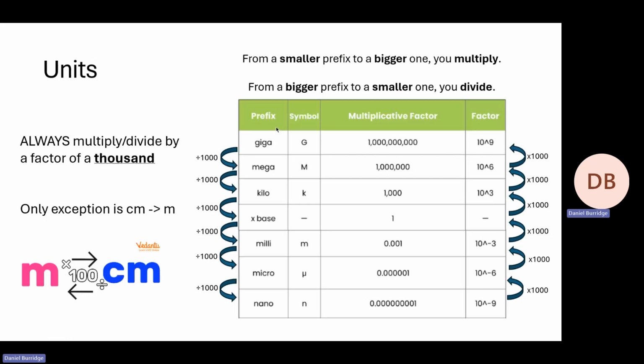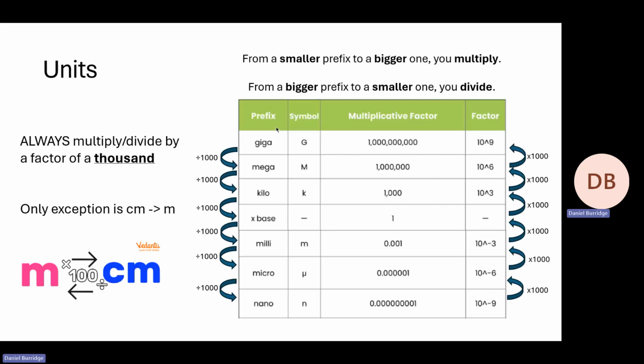What I've got on that table are the most common prefixes that you will see. We've got the base unit in the middle, so that would be something like meters or amps or kilograms, whatever it is. Well, not kilograms, that's the wrong one, but you get the idea. It's going to be the base unit of just that thing that we are measuring. The letters before, though, it could be kilo, could be mega, could be giga.